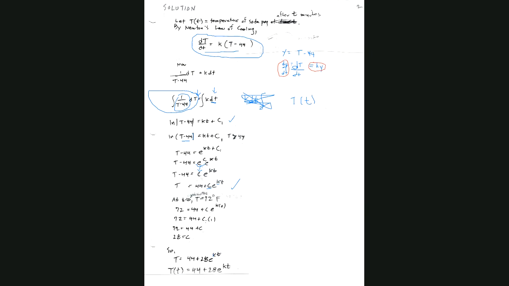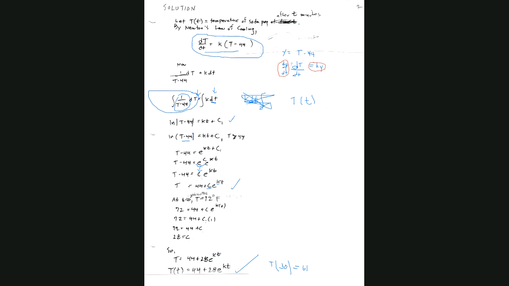So after 30 minutes, the soda pop cools to 61 degrees. Okay, and so now, here we are, and we're going to use that because T of 30 minutes equals 61.